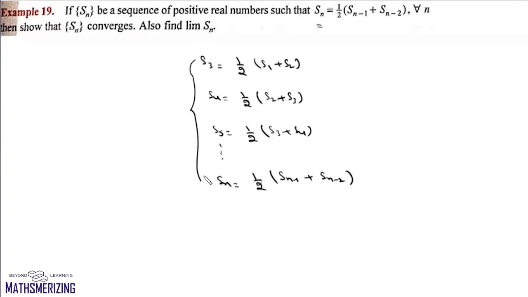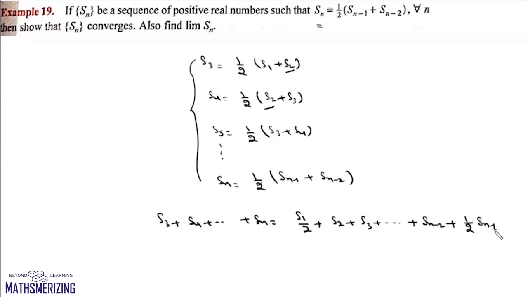If we add them all up, on the left hand side we'll get S3 plus S4 up to S_n. S1 by 2, now plus S2 by 2 plus S2 by 2, it will be simply S2. In the same way, it will be S3 plus S_{n-2} plus 1 by 2 S_{n-1}. Now here S3, S4, all these terms will cancel.